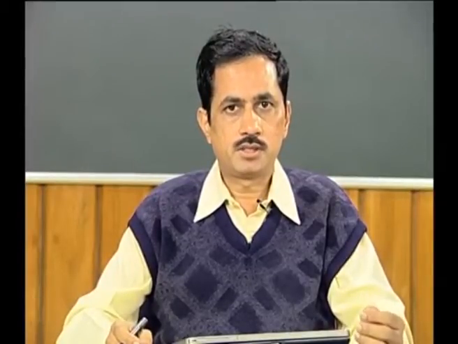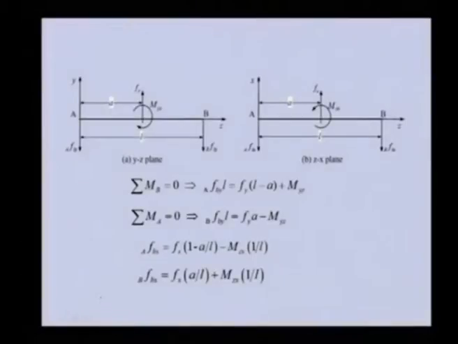Now we will obtain the bearing force from the shaft equilibrium analysis, because the bearing force is basically coming from the disc onto the shaft, and the shaft is transmitting the forces to the bearing. So now we will analyze the shaft equilibrium equation to get the bearing forces. You can see this is the free body diagram of the shaft.